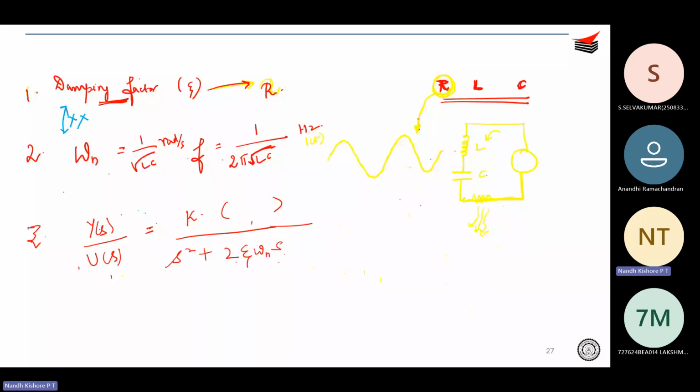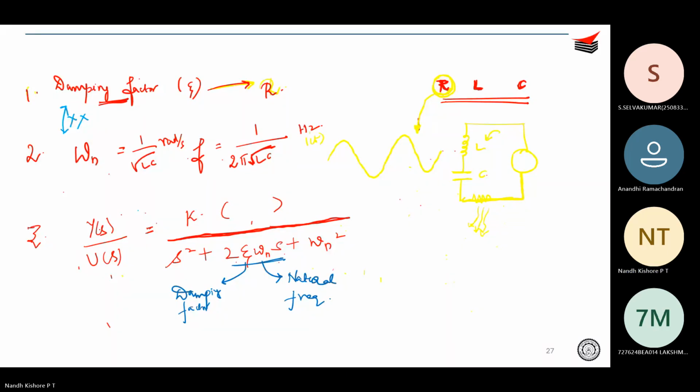Have you seen this expression in control systems? Here, epsilon is your damping factor and omega n is your natural frequency or resonance frequency. So the damping factor is coming in the s term.